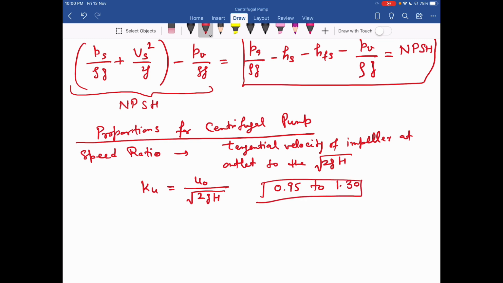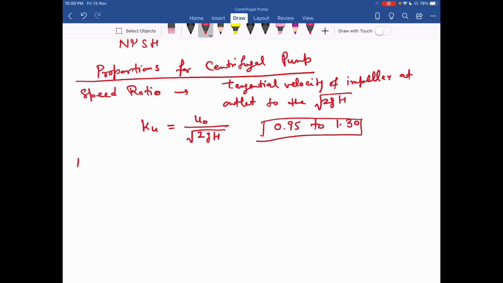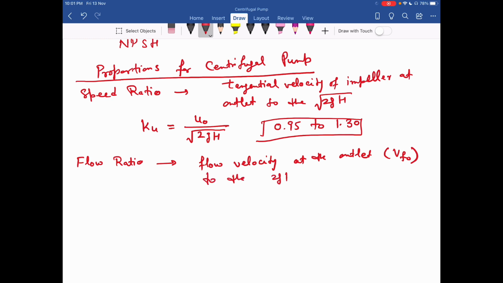Okay. Then the next term is flow ratio. Okay. So it is the ratio of flow velocity at outlet, that is VFO, to the quantity under root of 2gh.